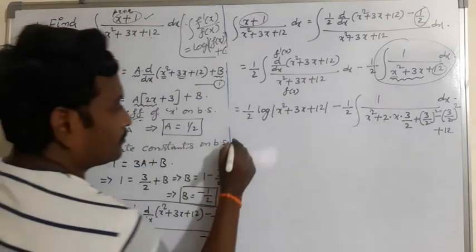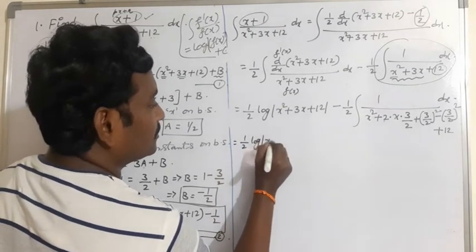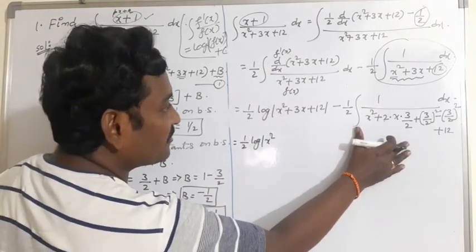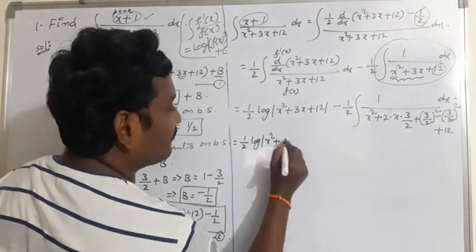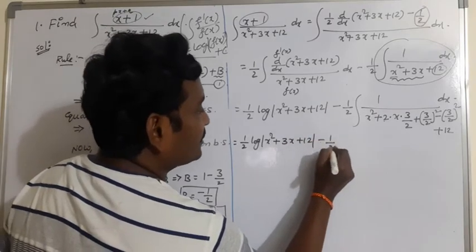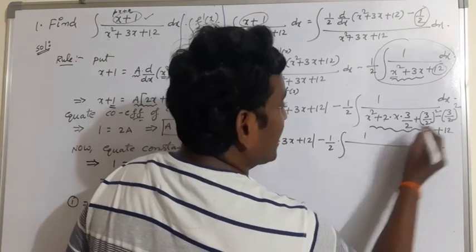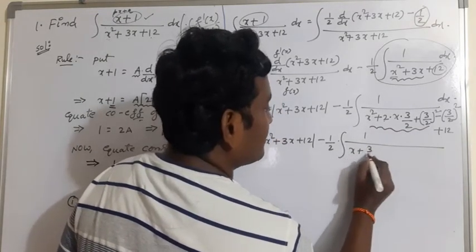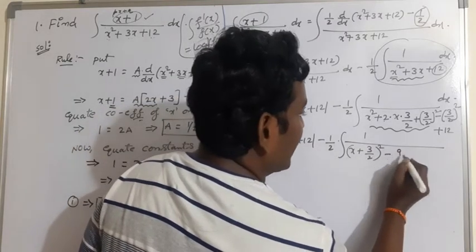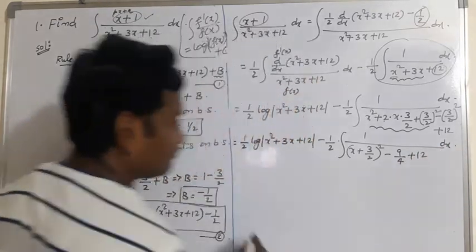Okay, the next term becomes 1/2 into, the first part is the similar part, the integration of the first part is completed, it is enough to find the integration of the second part. So 1/2 log of x square plus 3x plus 12 minus 1/2 into the integration of 1 by, the first 3 parts can be written as x plus 3 by 2 whole square minus 9 by 4 plus 12 into dx.